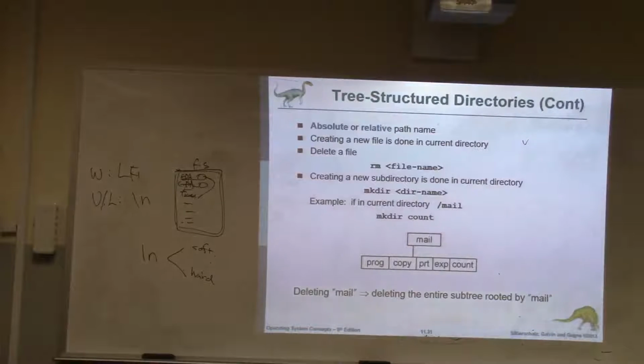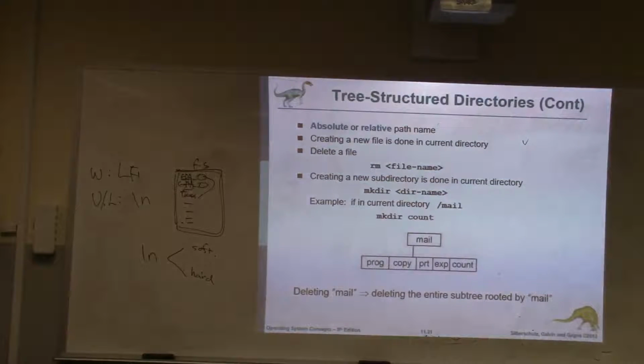And I skipped this part. I think that this one is obvious. There are two types of path, absolute and relative path. Also, during the exercise lab, I implemented some special directories. So dot is the current directory, and double dot is the parent directory.